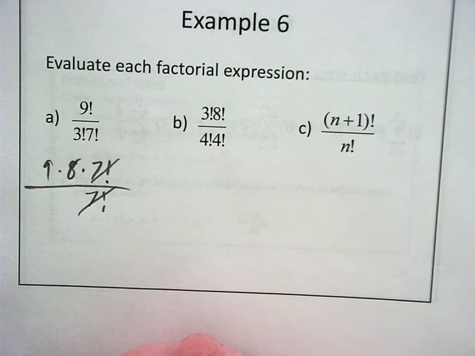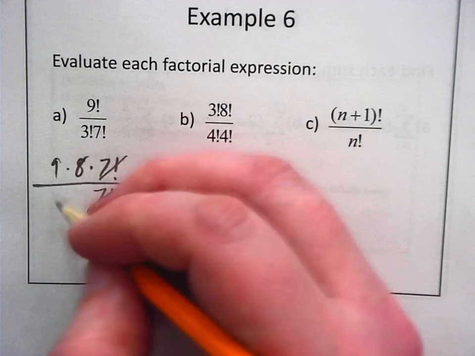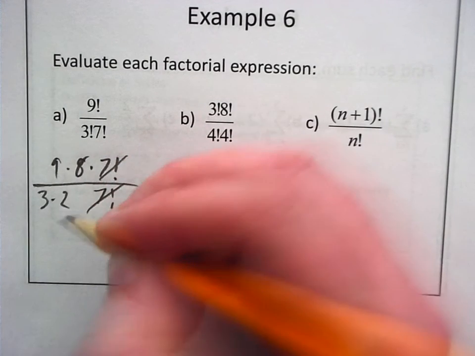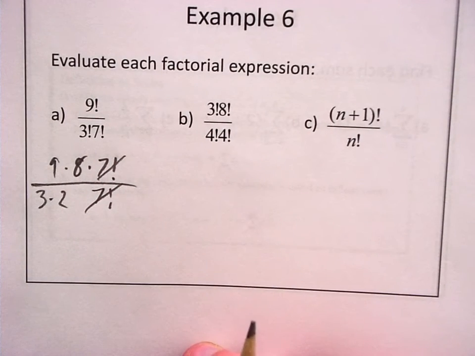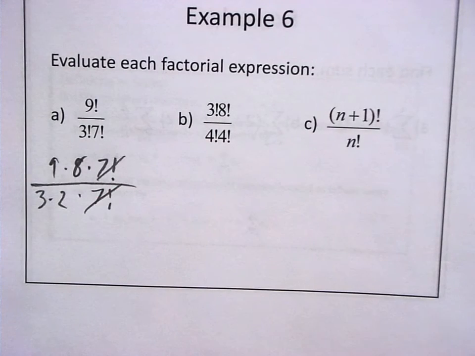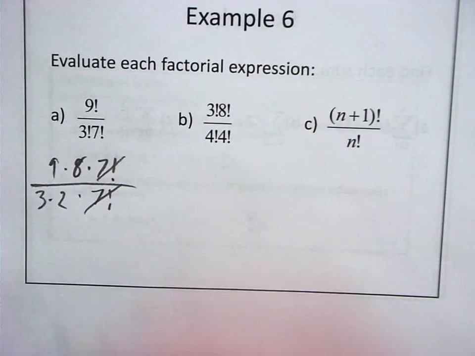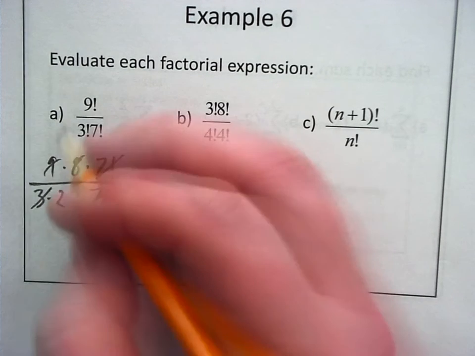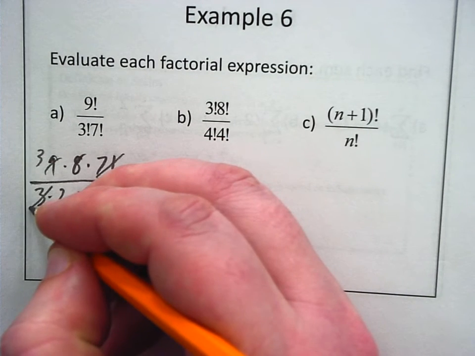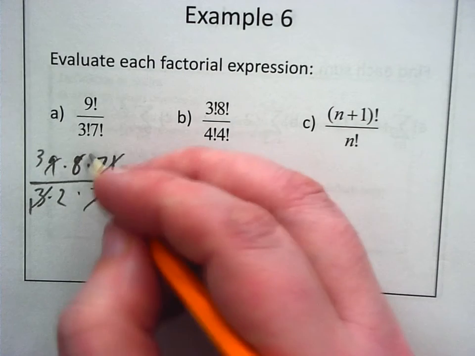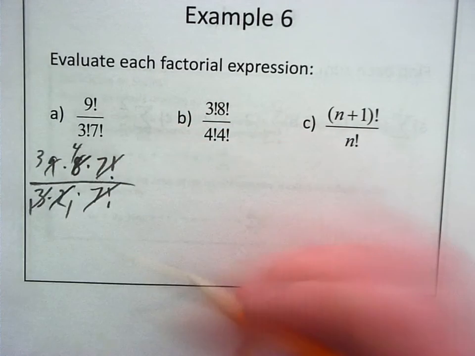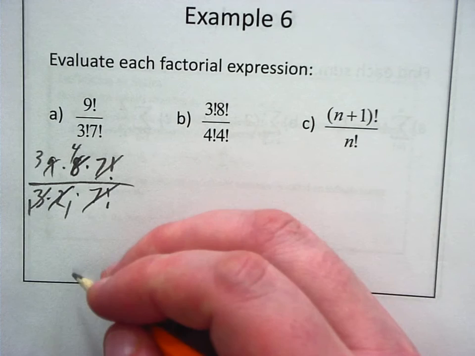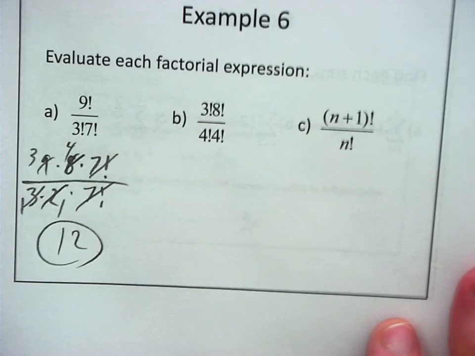And 3 factorial is just what? 6, or I can actually just write it as 3 times 2, and I don't care about the 1, right? Well, what do the 3 and 2 simplify with? Yeah, the 9 and the 8. 3 and 9 simplifies down to 3 and 1. 8 and 2 simplify down to 4 and 1. So that's just going to give me what? 12. Everything else goes away.